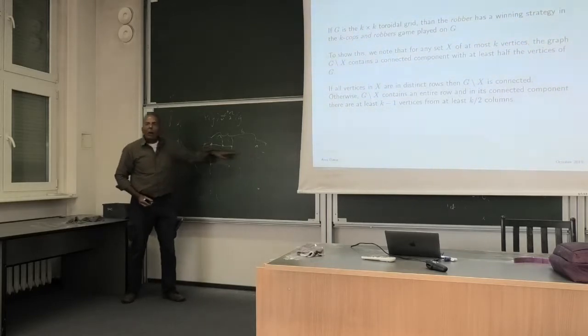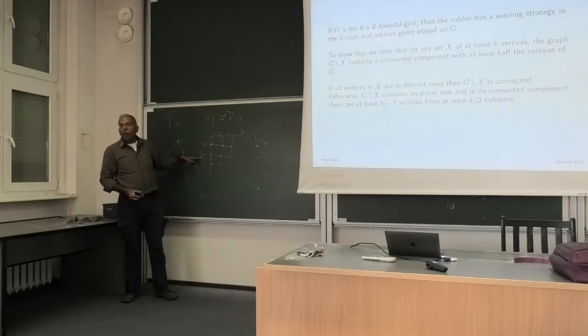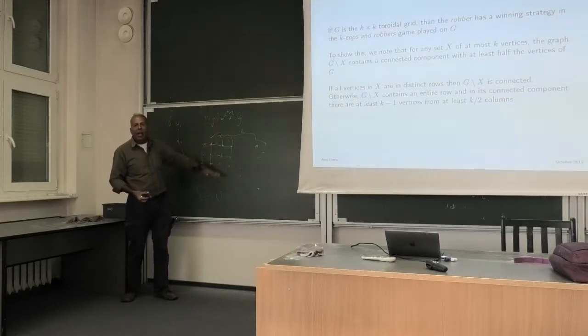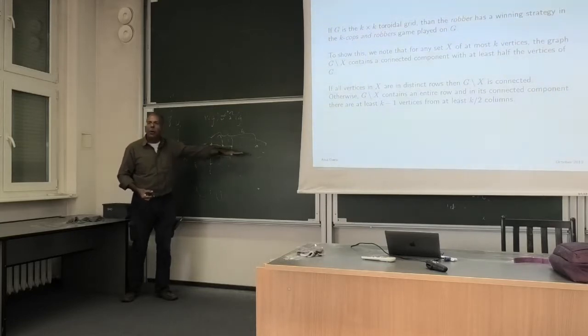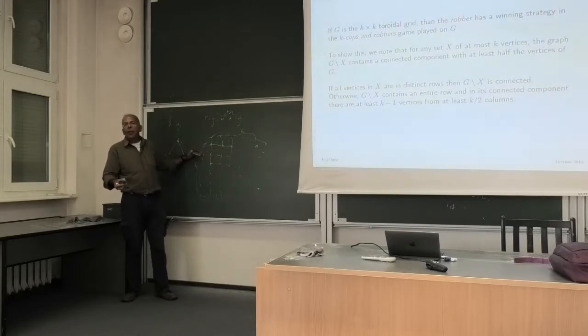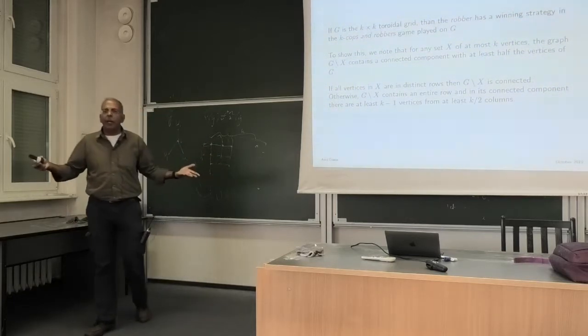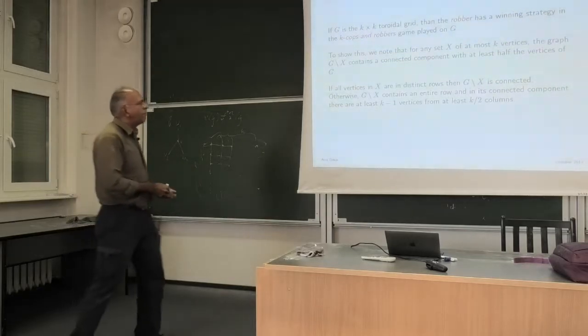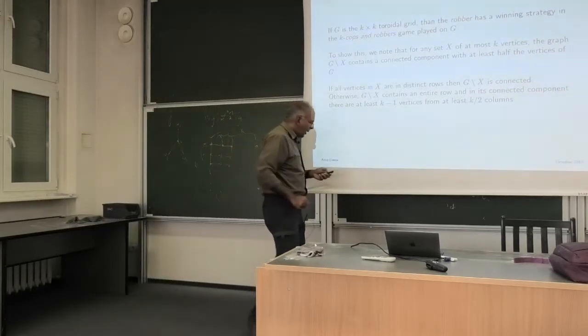So how many columns contain two or more elements of X? Well, it's at most k over 2. So there's at most k over 2 columns which have anything disconnected from this row. So for at least k over 2 columns, everything on the column is connected to this row, and that gives me a connected component with more than half the graph. Okay? So there we go.